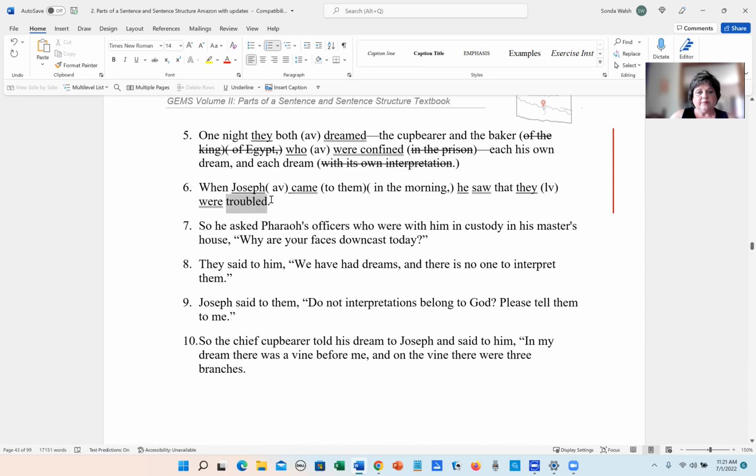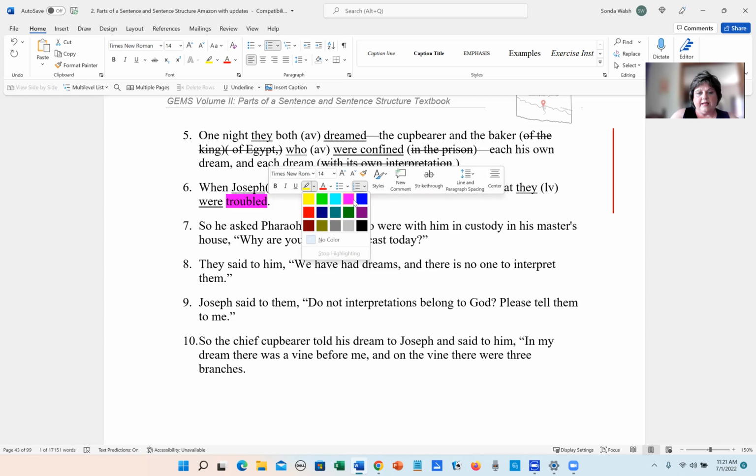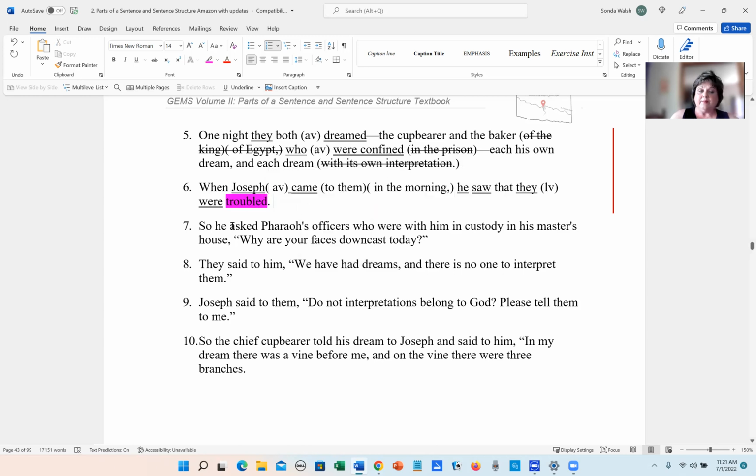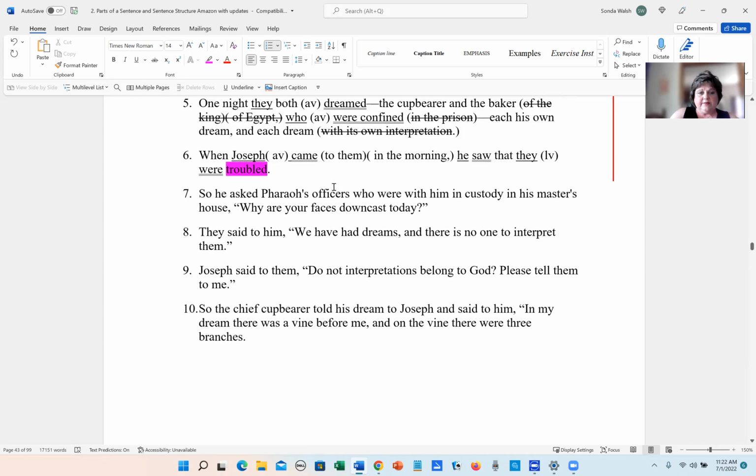Well, actually, were troubled is the verb. Hang on, give me a minute. What troubled is doing is describing they. Even though it is a verb, it is acting as an adjective. And so we're going to label that as a predicate adjective. This is what we call a participle. So troubled describes they. Okay, let's go to number 7.